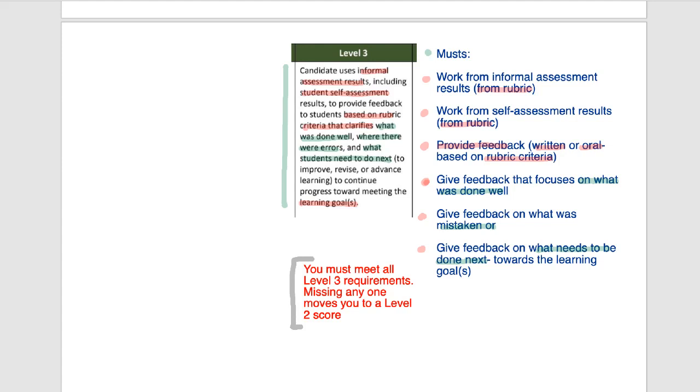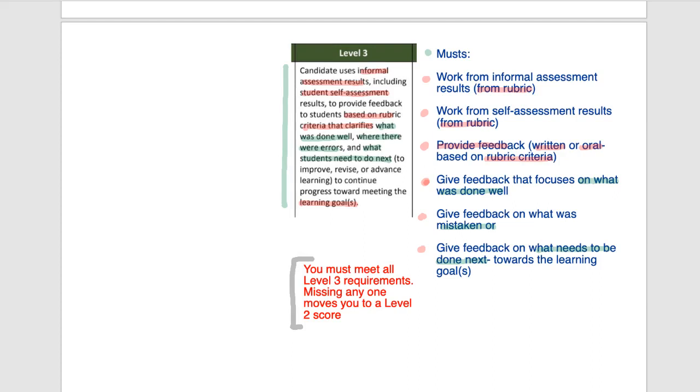So remember, feedback has to give examples of, or have students think about what was done well. The feedback has to give kids directions on what was mistaken. And your feedback needs to give direction to students so they know what to do next. All right, so those 3 things are very important.